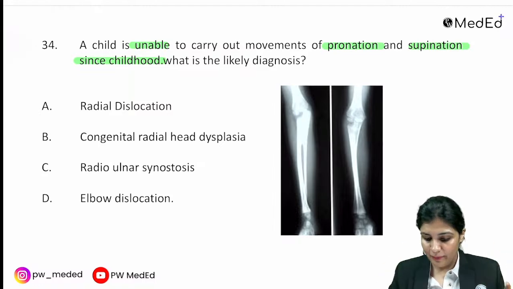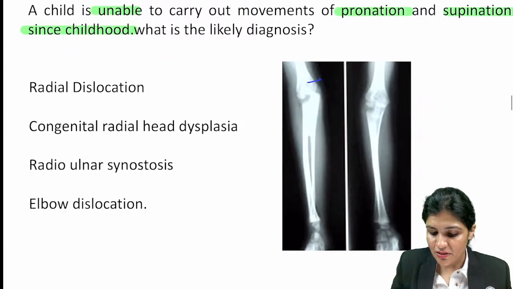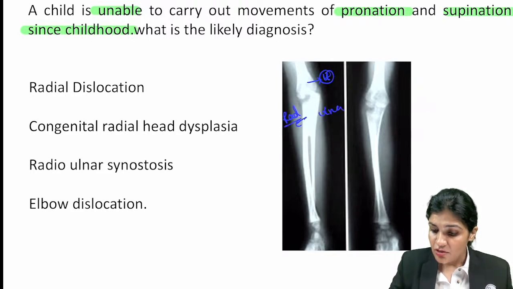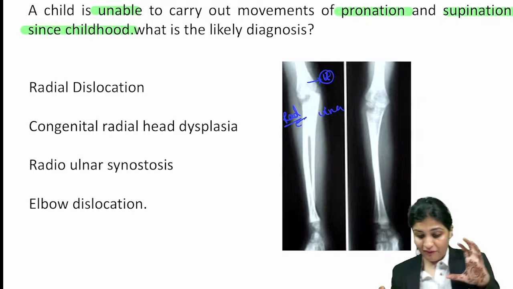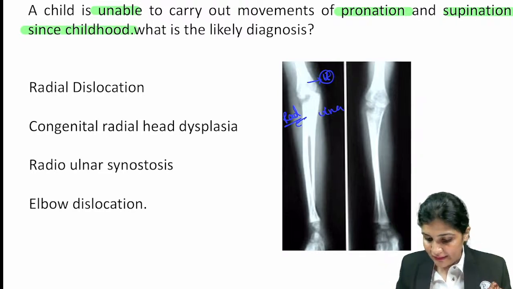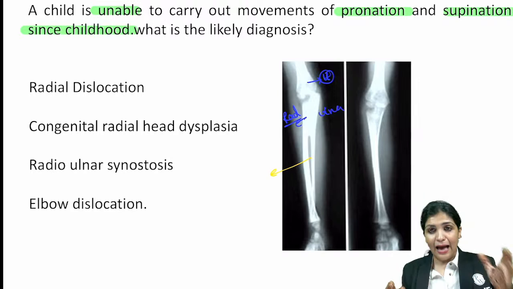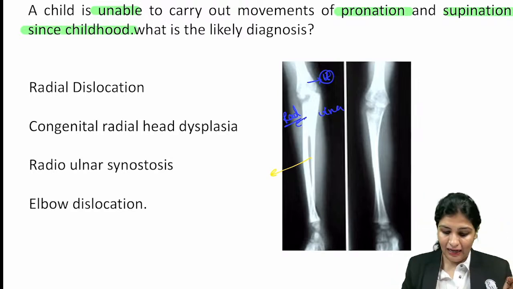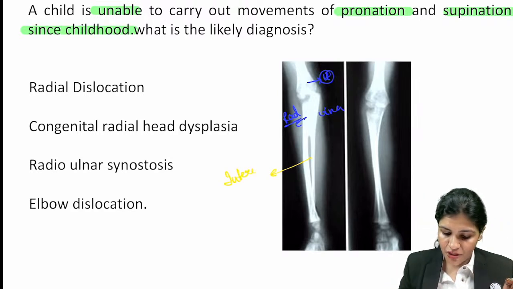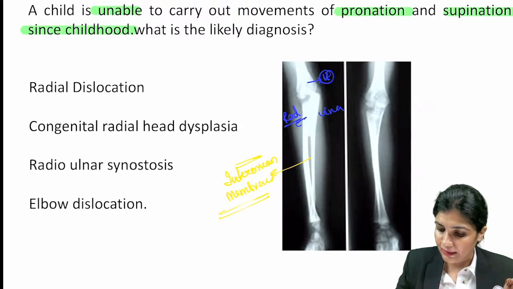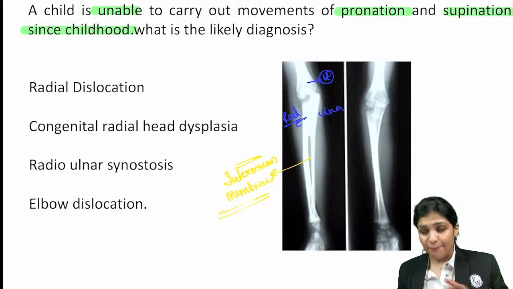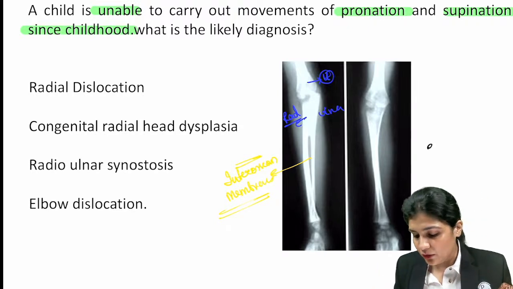So let us see the image first. If you see the image, this is the humerus which you can see, and you have the ulna, right? And this side you have the radius. So these are the bones we have identified. And if you see this area, which is a gap between the radius and ulna, it is called the interosseous membrane. Whenever you see, this gap should be equal.